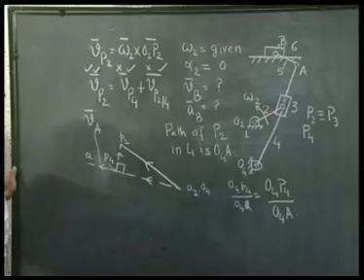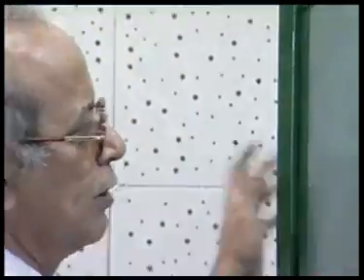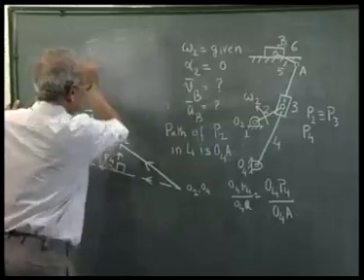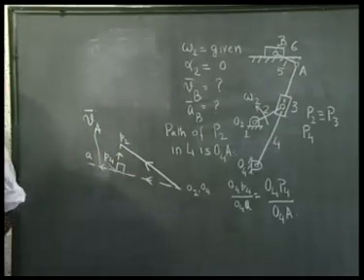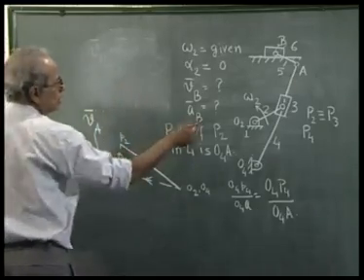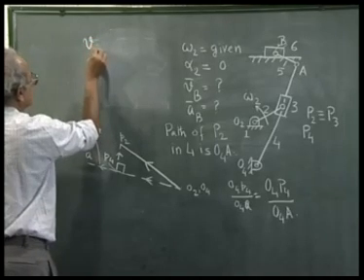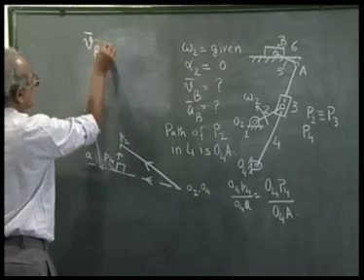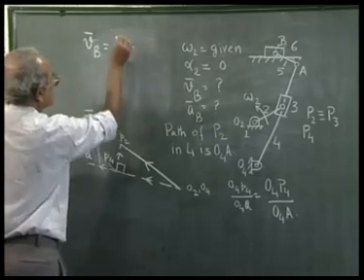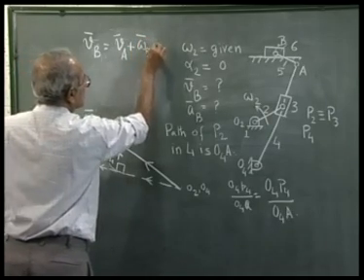Now, to determine the velocity of the point B, we go as follows. A and B are 2 points on the same rigid body 5. So I can write VB is VA plus omega 5 cross AB.